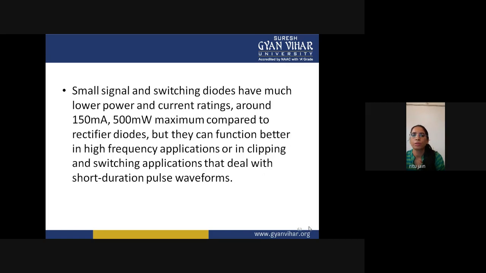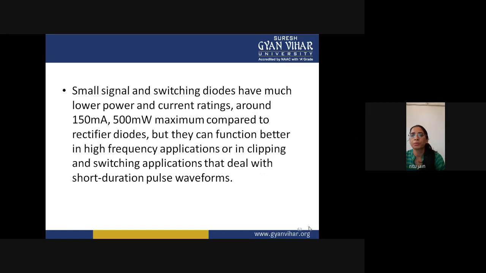Small signal and switching diodes have much lower power and current ratings. This is all about the ratings of a signal diode, which are not very high; they are low. It is 150 milliamperes and 500 milliwatts.